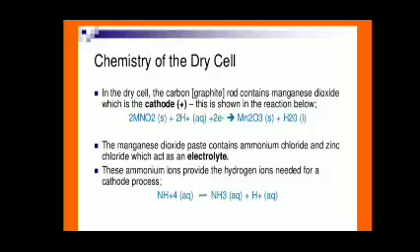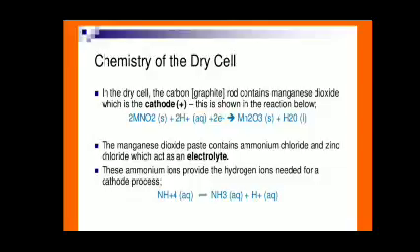The manganese dioxide paste contains ammonium chloride and zinc chloride, which act as an electrolyte. The ammonium ions provide the hydrogen ions needed for the cathode process.